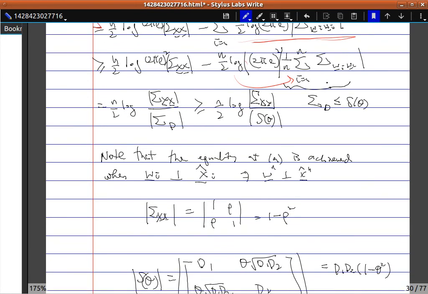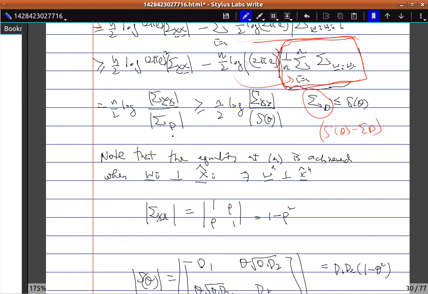So eventually what we have here is the average distortion covariance. Let me write it as sigma d, and because we have the constraint, sigma d is less than or equal to, meaning that S theta minus sigma d is positive semi-definite.